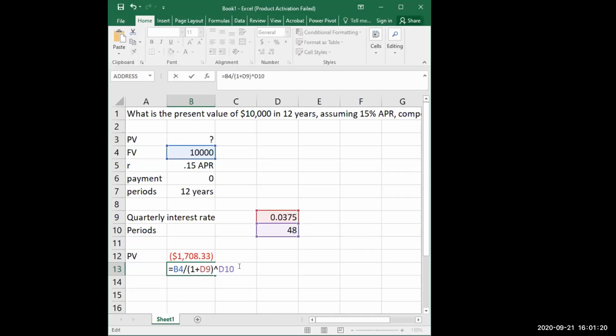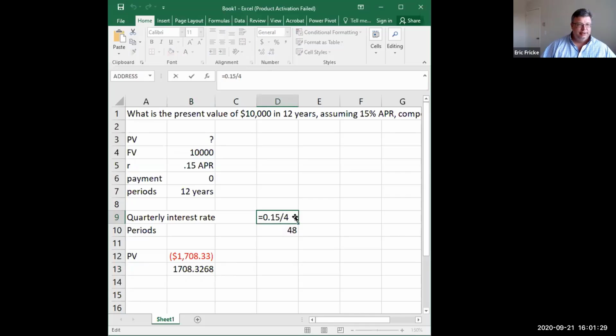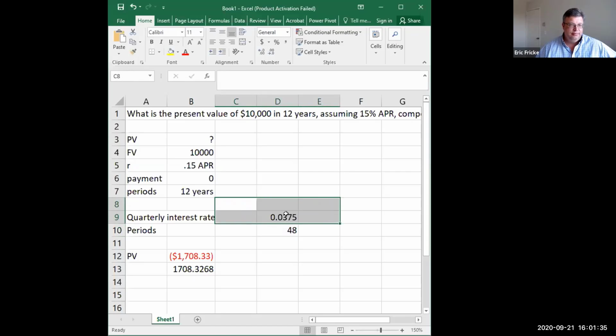From where did you get the quarterly interest rate? So what I did here is we were quoted a 15% APR right here. Do you see that 15% APR?